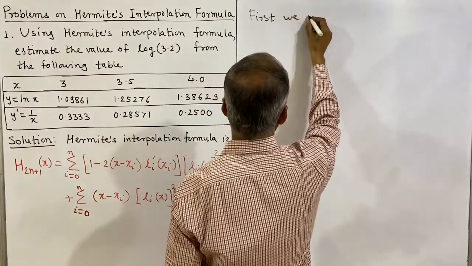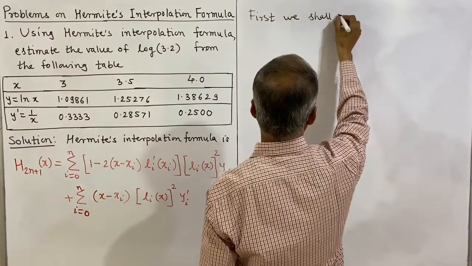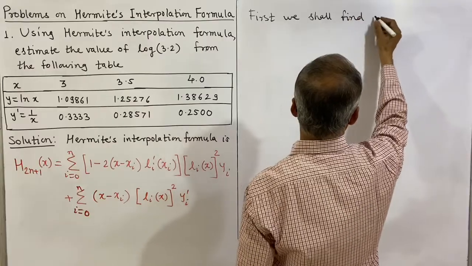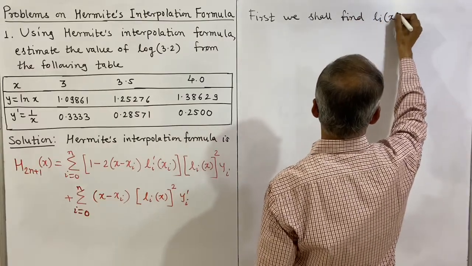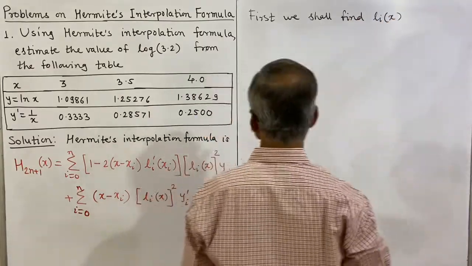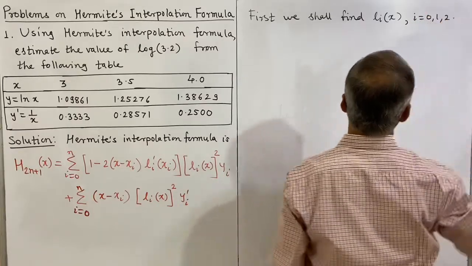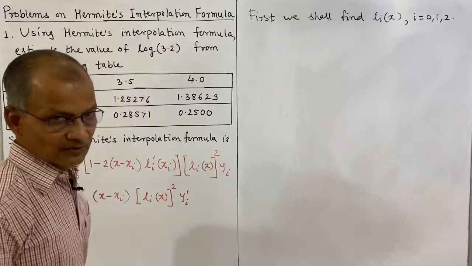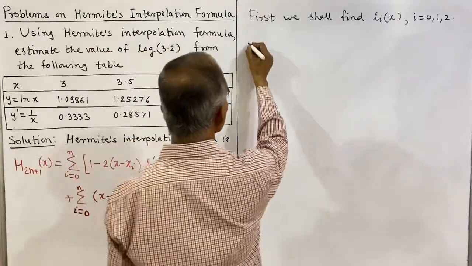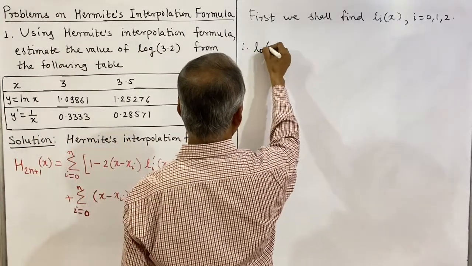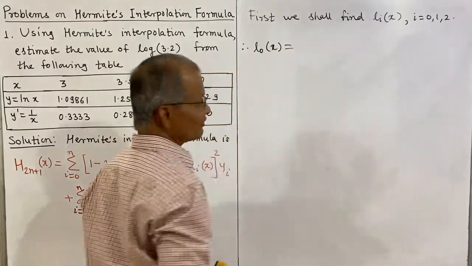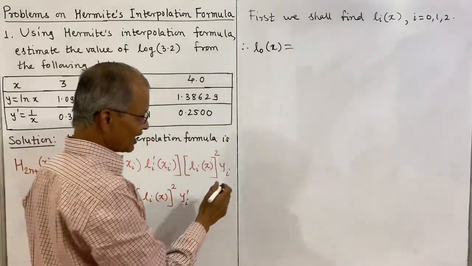First we shall find Li of x, taking i equal to 0, 1, 2, and that means L0 of x. We have earlier defined what is Li of x.